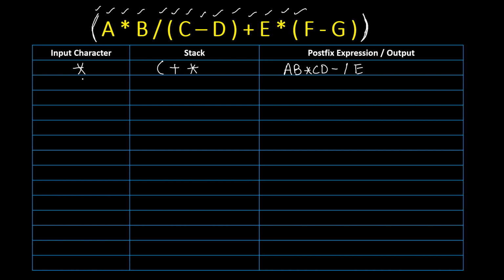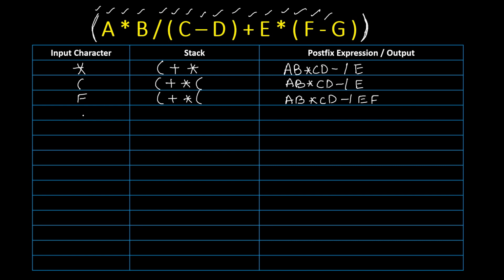Next symbol is left parenthesis. So whenever you have a left parenthesis, blindly add it to the stack, and there is no change in the postfix expression. Next one is F. F is an operand, so directly add the operand to the postfix expression, and there is no change in the stack.